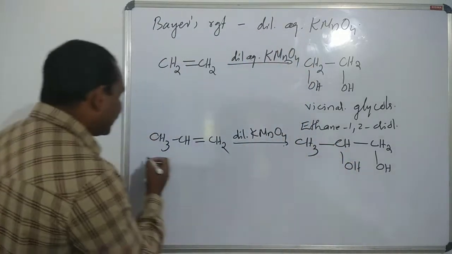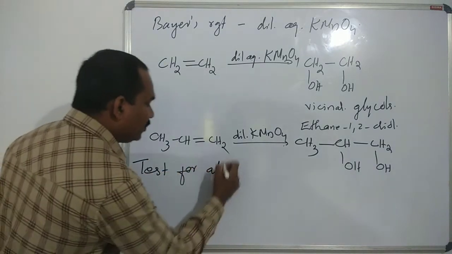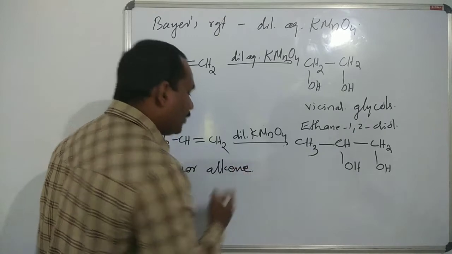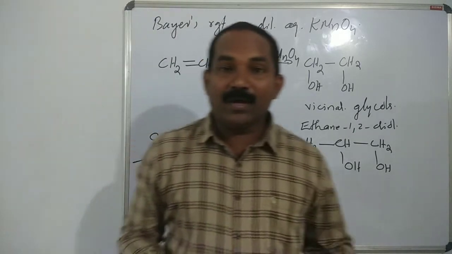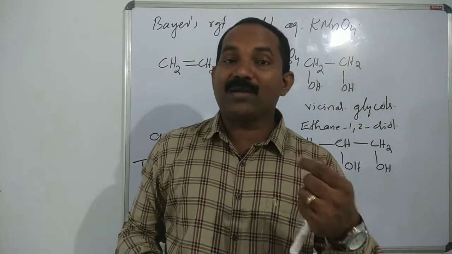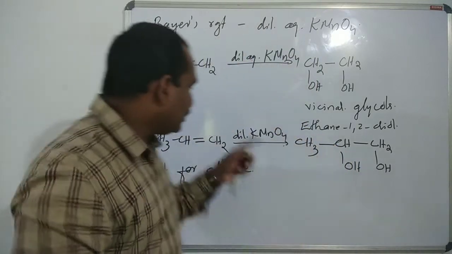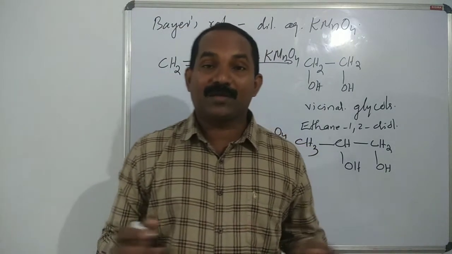And it is used as a test for alkene. How is it a test for alkene? You know that dilute KMnO4 is pink in color. When this reaction takes place, the pink color disappears.